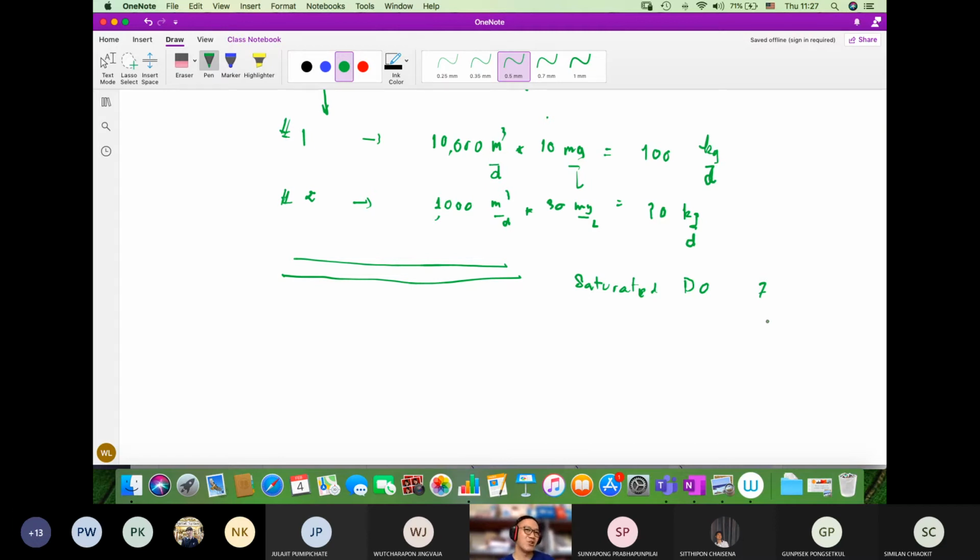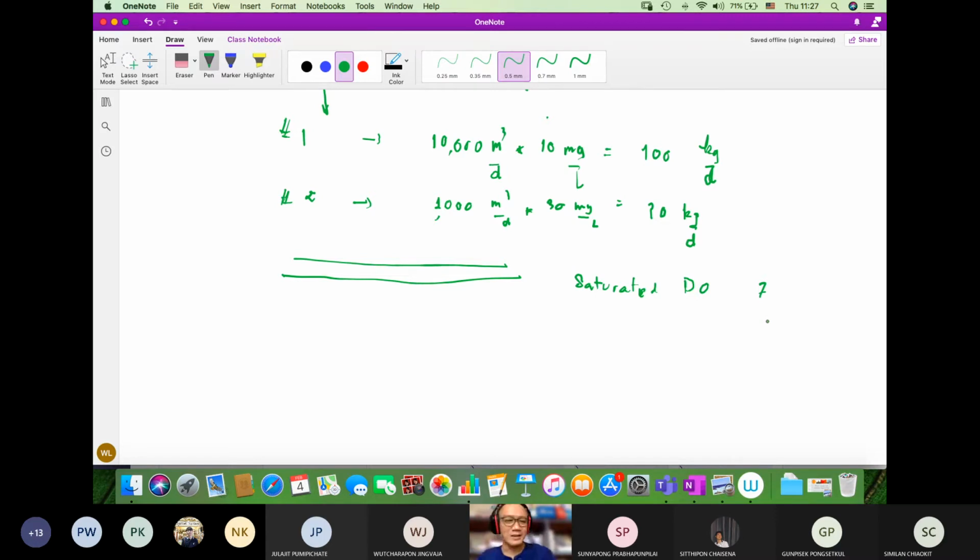But under normal conditions, you will never see oxygen concentrations beyond 8. So between 7 and 8 are the typical saturated dissolved oxygen concentrations. But it's common to see 5, 6, 4, 3. It depends on the amount of organic substance contaminating the water.